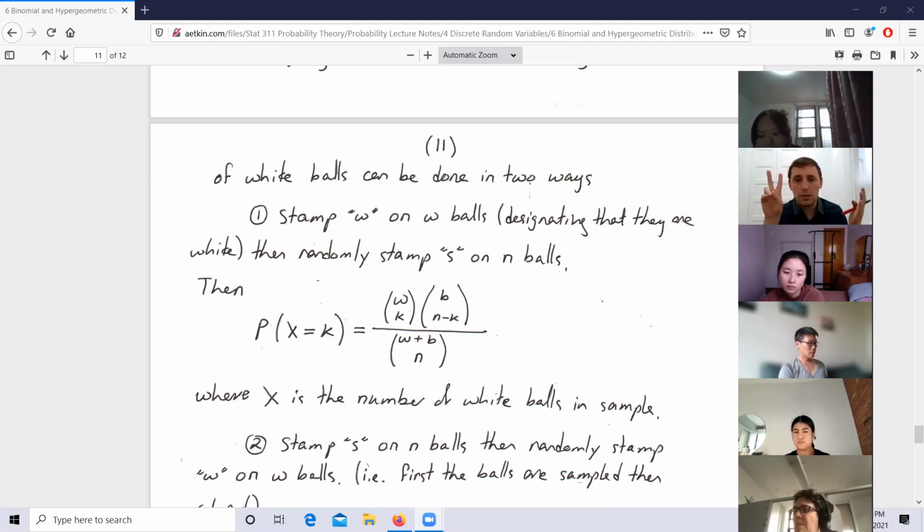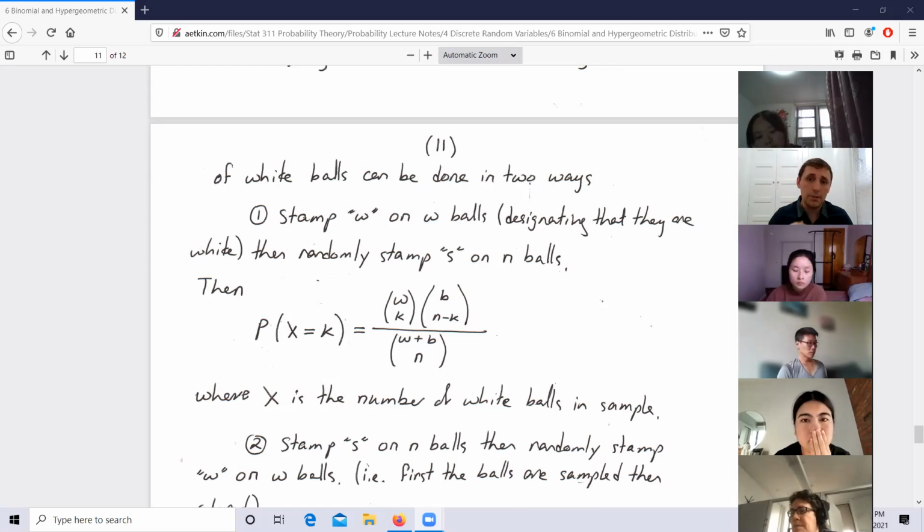Okay, so that means you assign. How do you decide what is white? You just stamp it with W, and whatever is not stamped with W is black. Stamp means now it's labeled W, now it's assigned the identity of being white. If it's not stamped with W, it's assigned the identity of being black. So far, good? And if I stamp with S, it means it's sampled, and if I don't stamp with S, then it's not sampled.